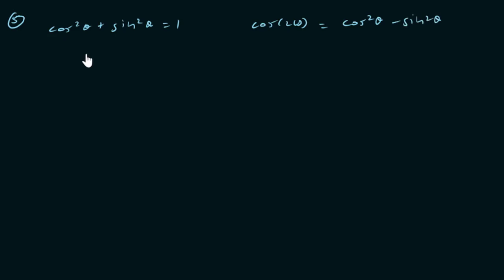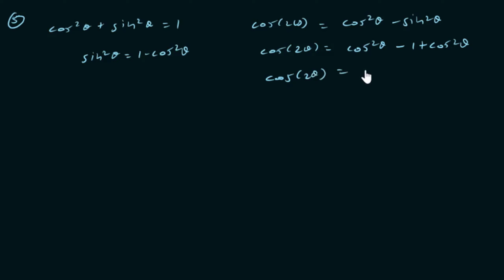So sin square theta will be equal to 1 minus cos square theta. So cos 2 theta is cos square theta minus 1 plus cos square theta. So cos 2 theta is simply 2 cos square theta minus 1.